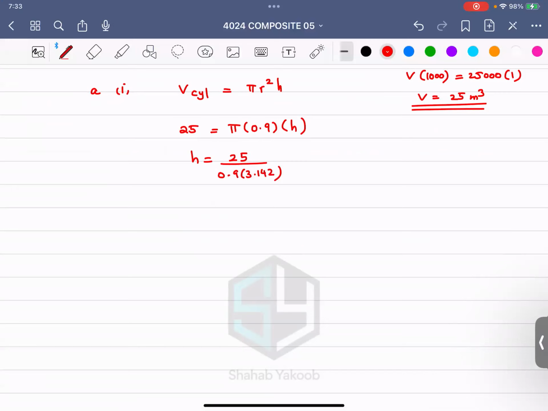Again, we need to use the calculator. 3.142 into 0.9. And let me reciprocate this and then multiply with 25. This comes out to be 8.84079. Let me write this thing as 8.84 meters. That is the final answer, correct to 3 significant figures.